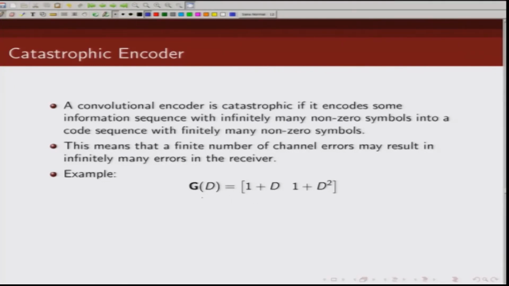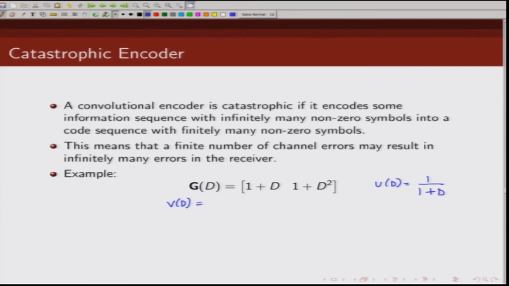Take an encoder with generator matrix G(D), which is given by 1 plus D and 1 plus D square, and let us feed an input which is a sequence of all ones, which I can write as 1 by 1 plus D. Now, if this information sequence passes through this encoder, what would be your output sequence?